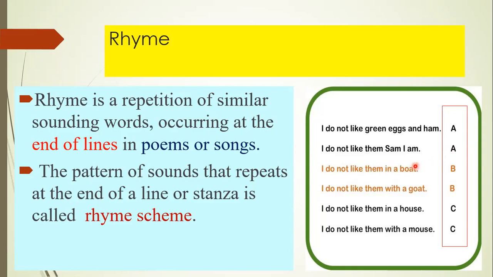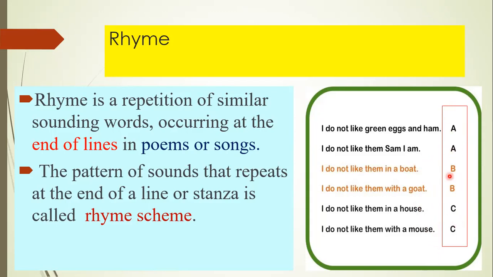When it is replaced by another one, since we have a new one, it will be B, and if it's repeated, B. If we have a new one, it will be C and repeated C. And if we have another line where this sound changes, it will be D, and so on.